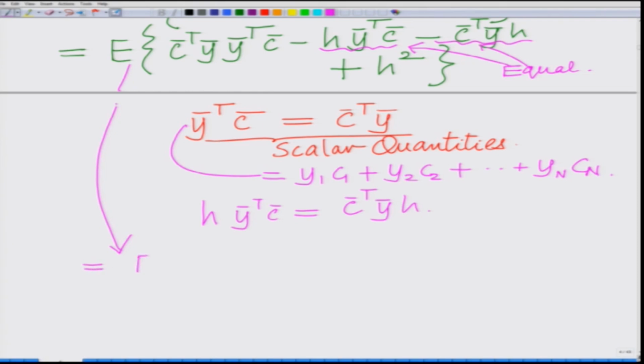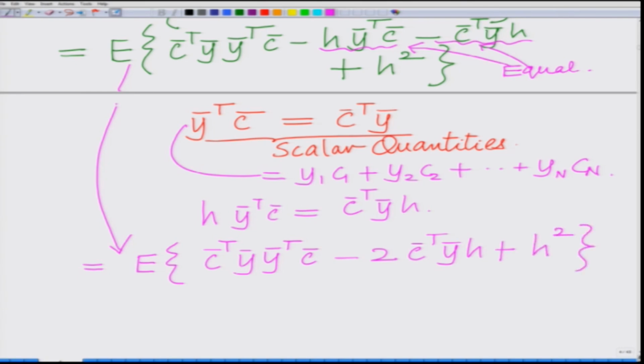This is therefore going to be equal to the expected value of C bar transpose Y bar Y bar transpose C bar minus twice, because both these quantities are equal, twice C bar transpose Y bar H plus H square.